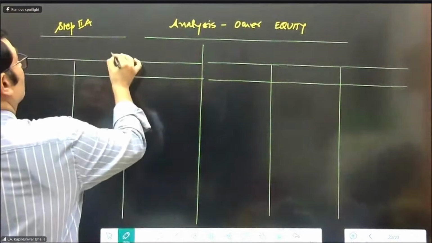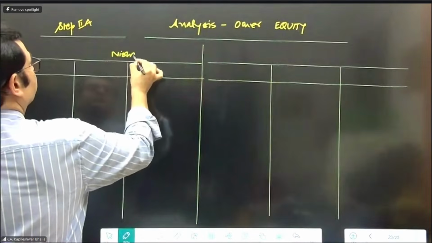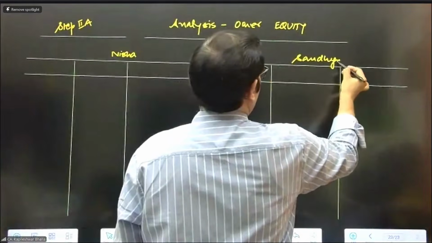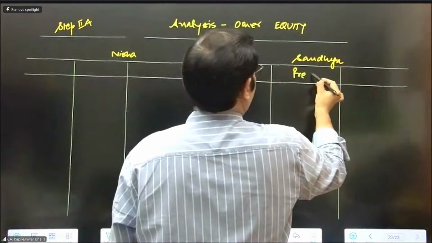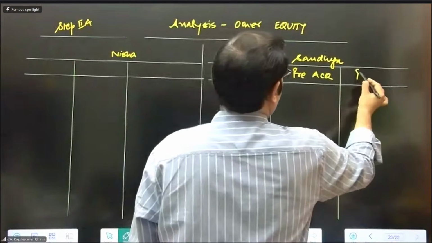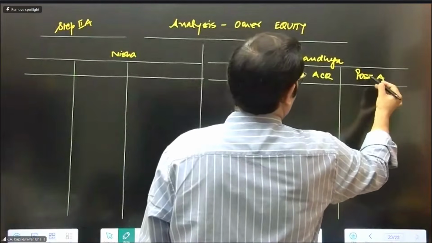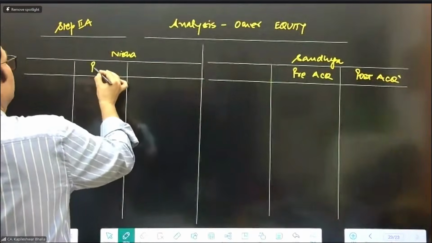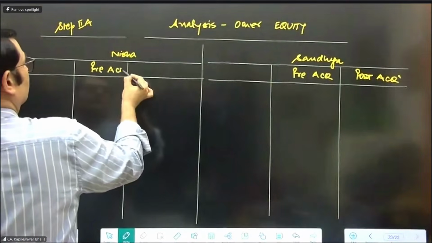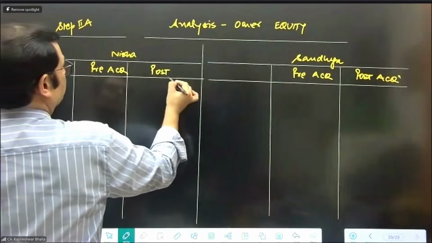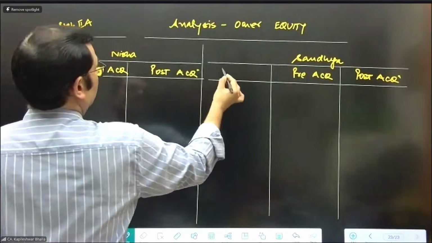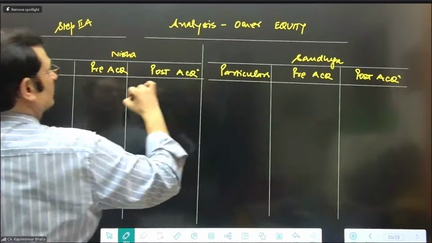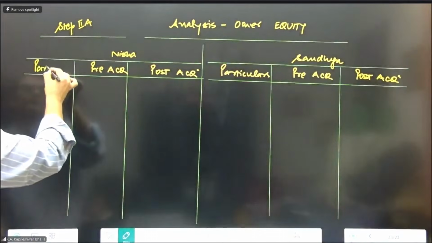So this is for the company Nisha, and this is for the company Sandhya. This is pre-acquisition, and this is post-acquisition, and this is again pre-acquisition, and this is post-acquisition. That is particulars, and that is particulars.